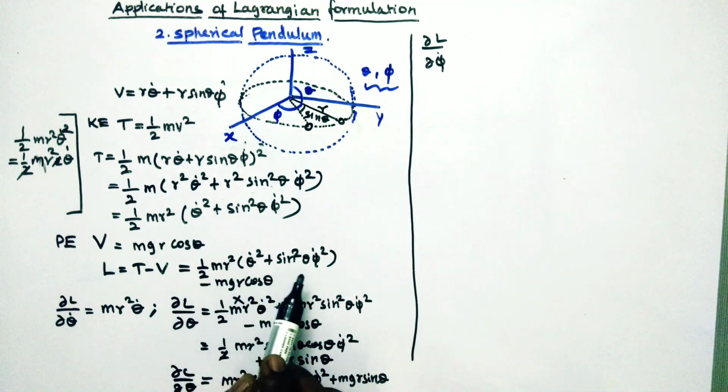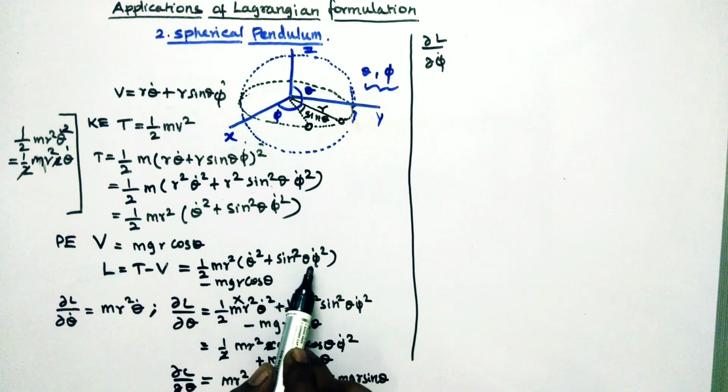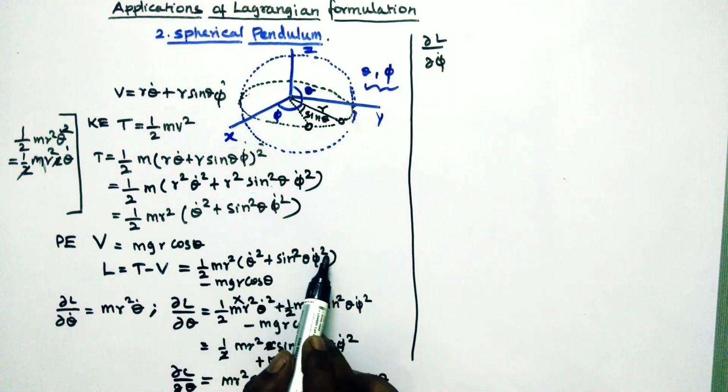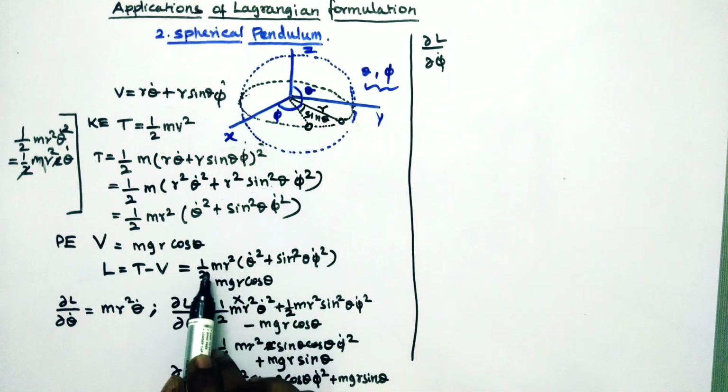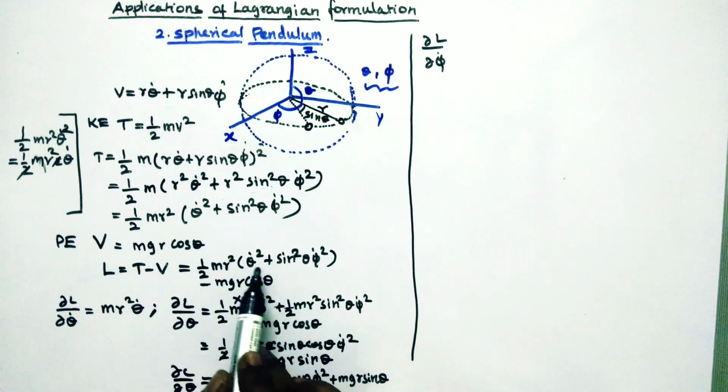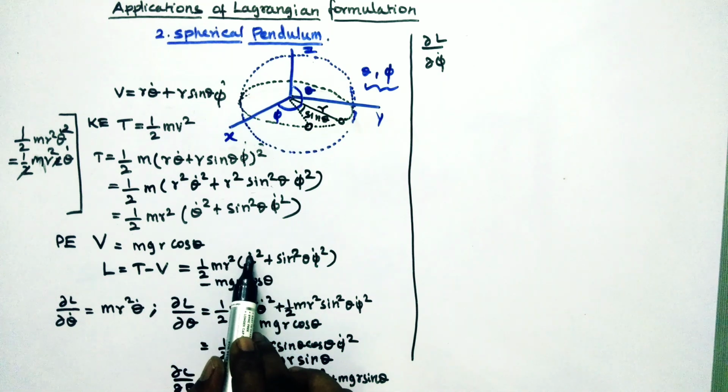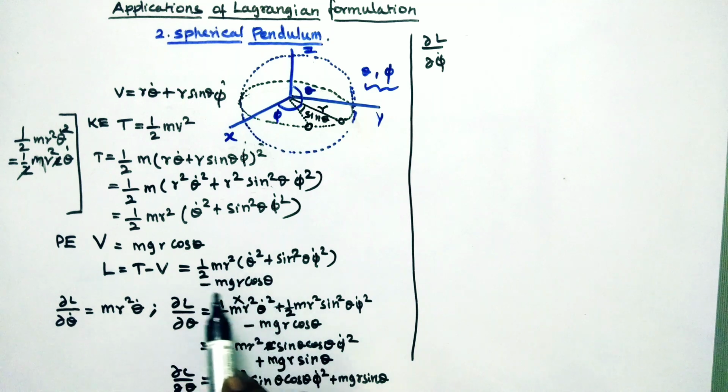We get the value phi dot square here. We put half m r square here; theta dot square is cancelled and cos theta is also cancelled.